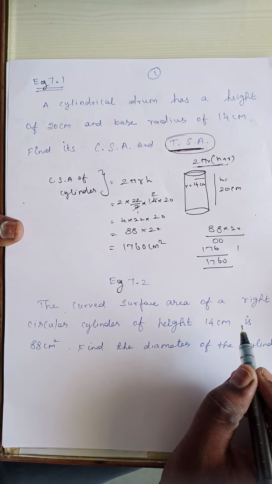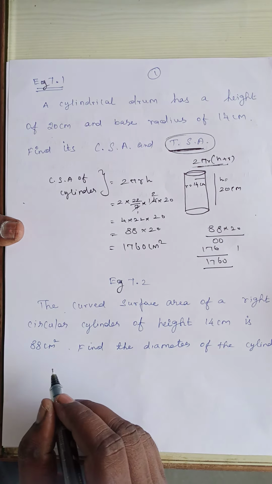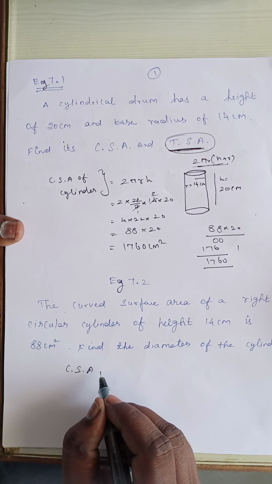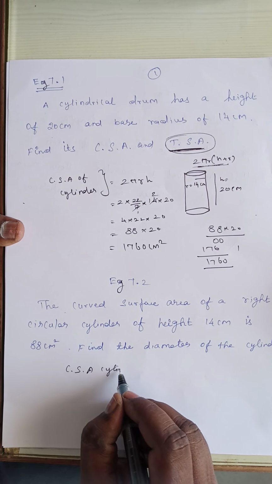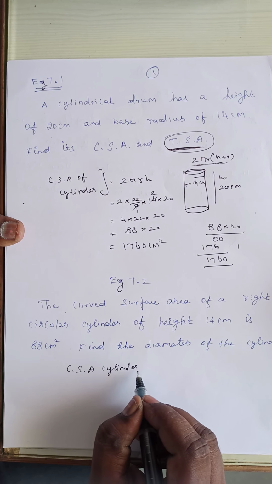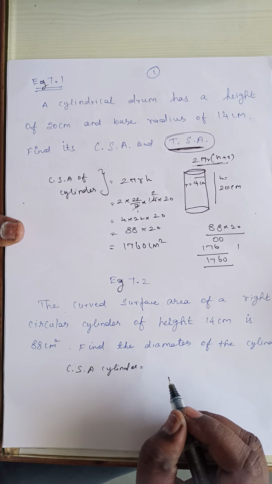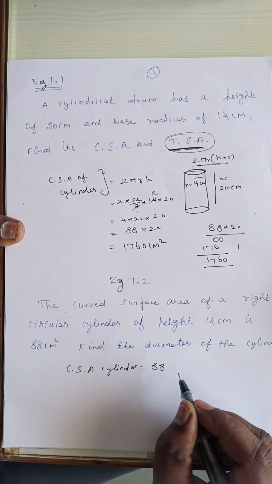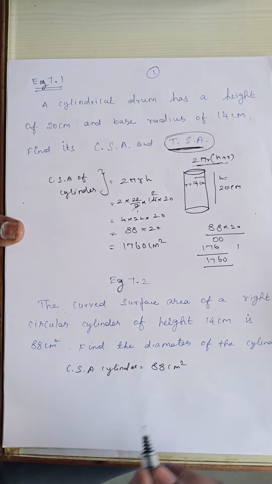Now CSA. What is given? Given CSA of a cylinder, that is 88 centimeter square.